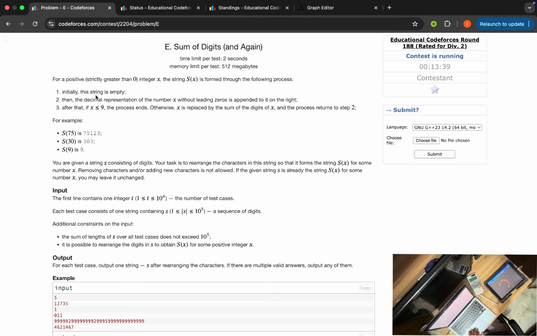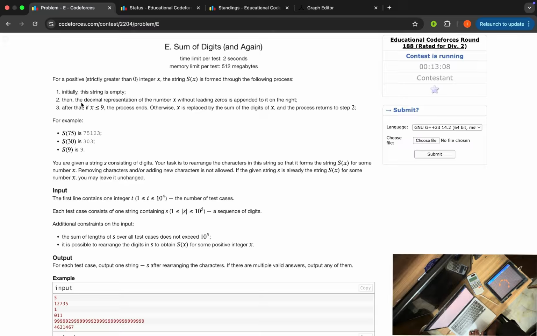Initially this string is empty, then the decimal representation of the number x without leading 0 is appended to it on the right. After that, if x is less than 9, the process ends. Otherwise x is replaced by the sum of the digits of x and the process returns to step 2.